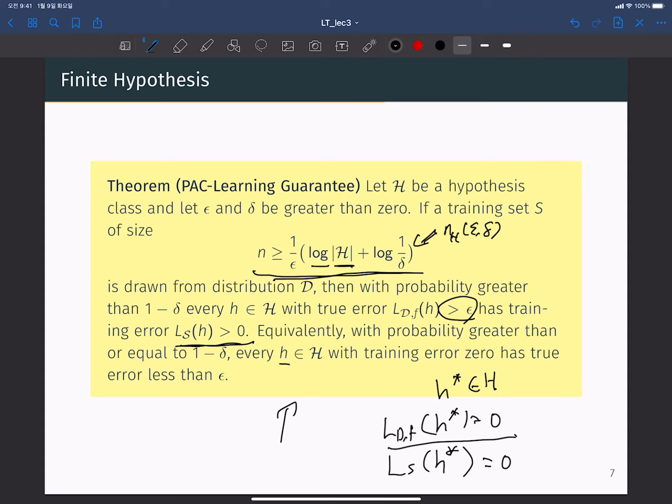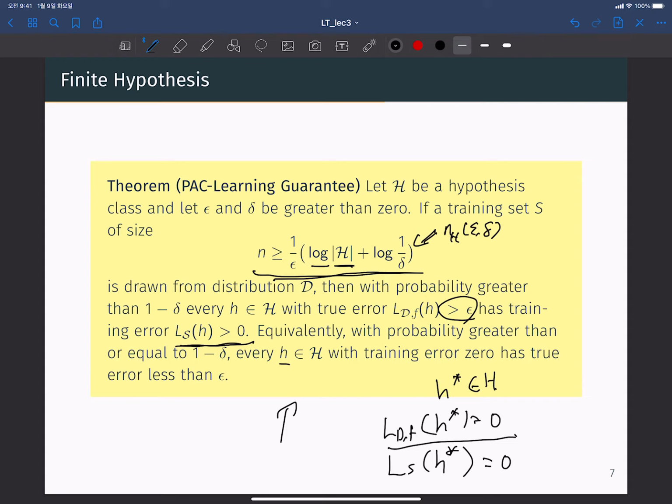So when the test error is strictly bigger than epsilon, the training error is also non-zero, then we can simply remove it from the candidate hypotheses, because there exists at least one hypothesis having 0 training error, and we are finding the best hypothesis for the training data points. That is the empirical risk minimizer learning rule, right?